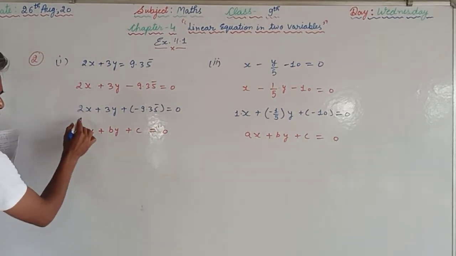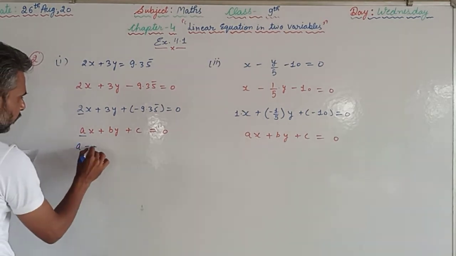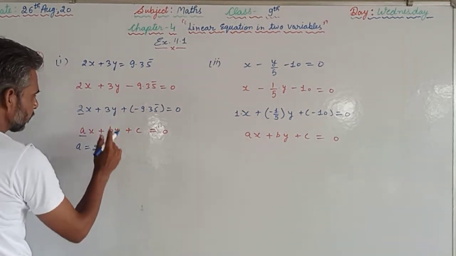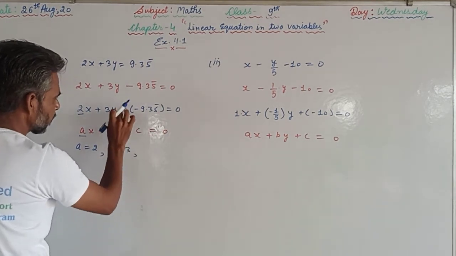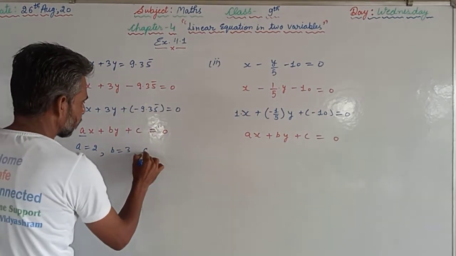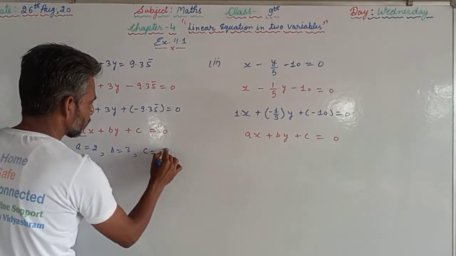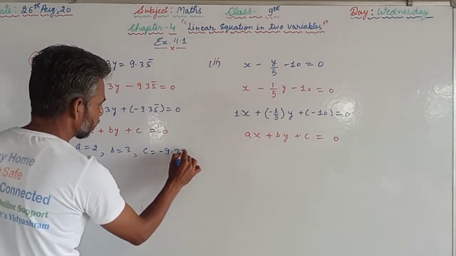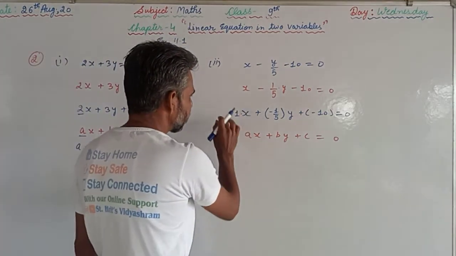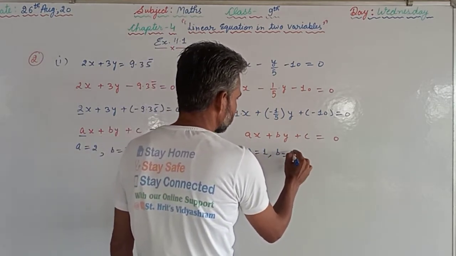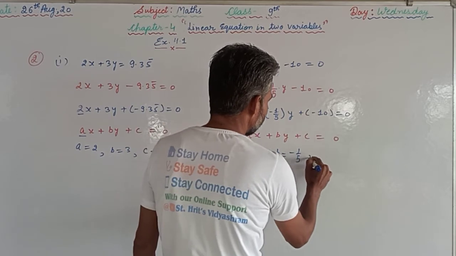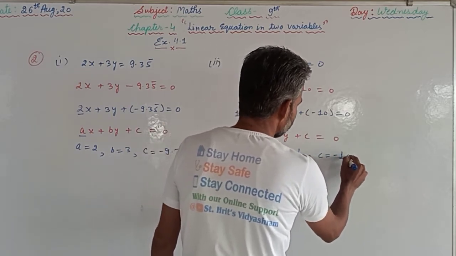Here a is there, here 2 is there, means the value of a is 2. Here b is there, here 3 is there, b is equal to 3. Here c is there, plus sign, c is equal to minus 9.35 bar. Here again we can equate, that is a is equal to 1, b is equal to minus 1 upon 5 and c is equal to minus 10.